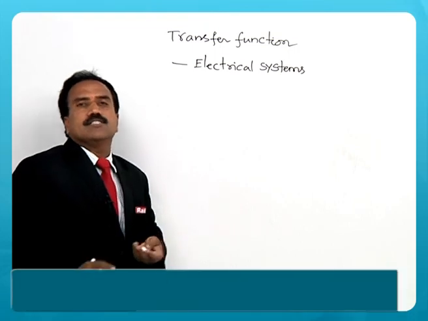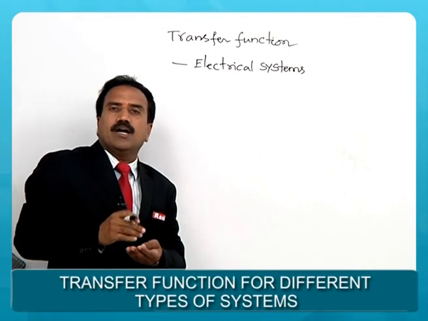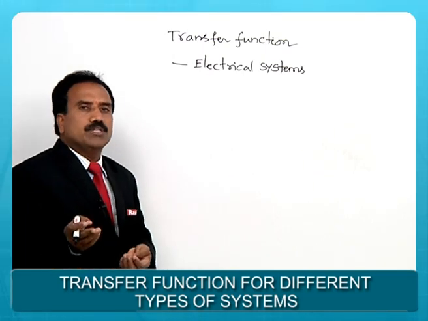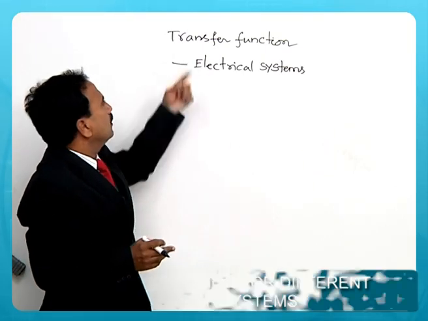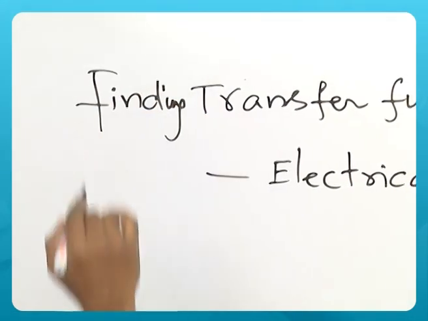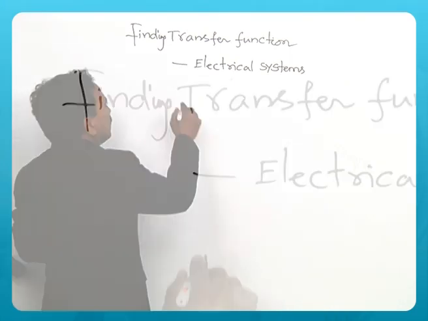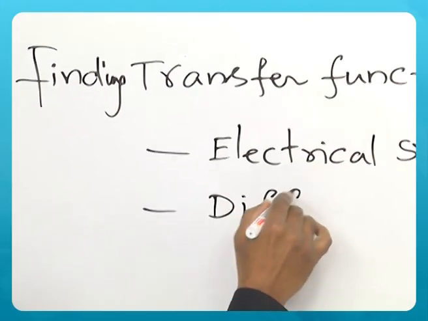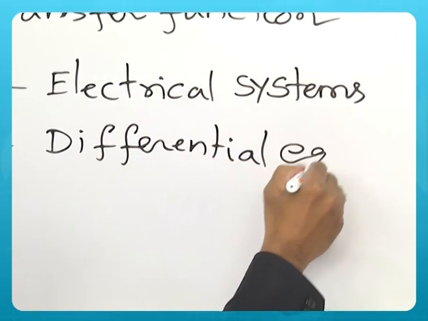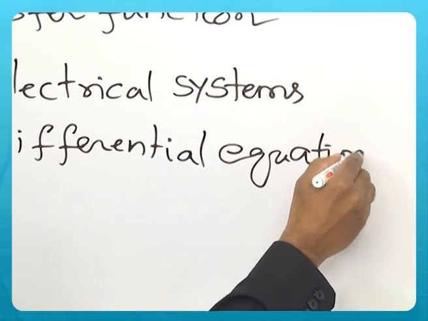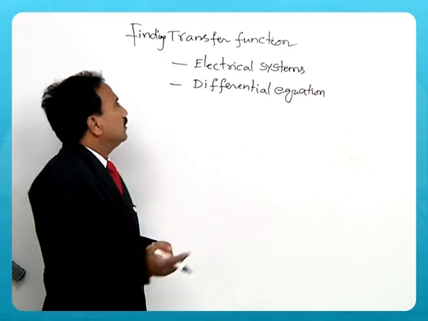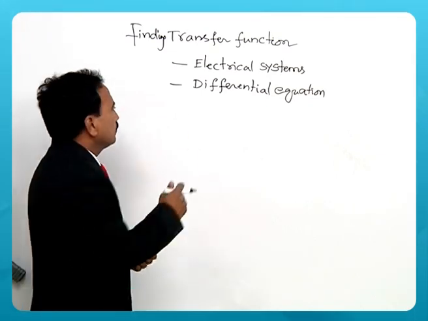That means when an electrical system is given in terms of R, L, C in some combinations, and the active element may be voltage source or current source, then how to find a transfer function? Next, a system may be given in the form of differential equation, then how to find a transfer function?